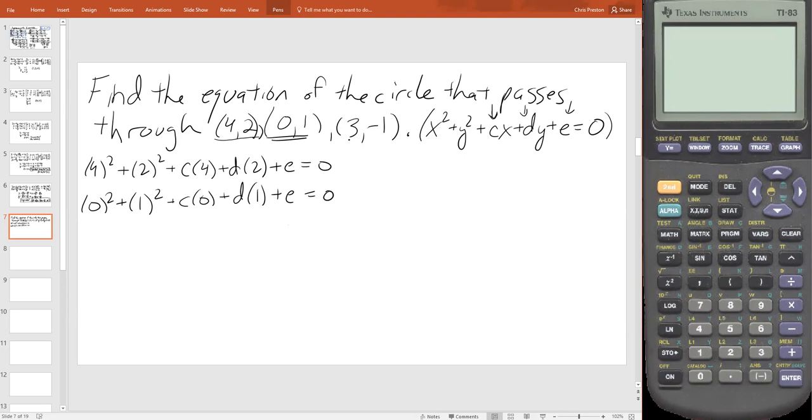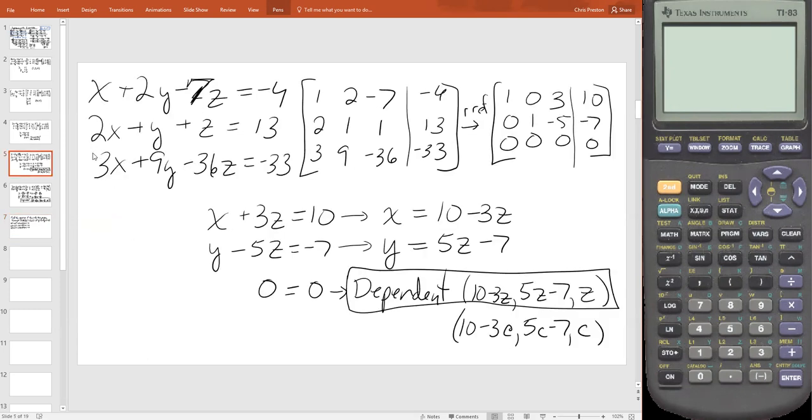And last, when x is 3, y is negative 1. So we make all our x's 3 and all our y's negative 1. So c times x plus d times y plus e equals 0. And then we're going to make this look nicer. On the other problems we've done up to this point, you had your letters on one side and the constant values on the other.